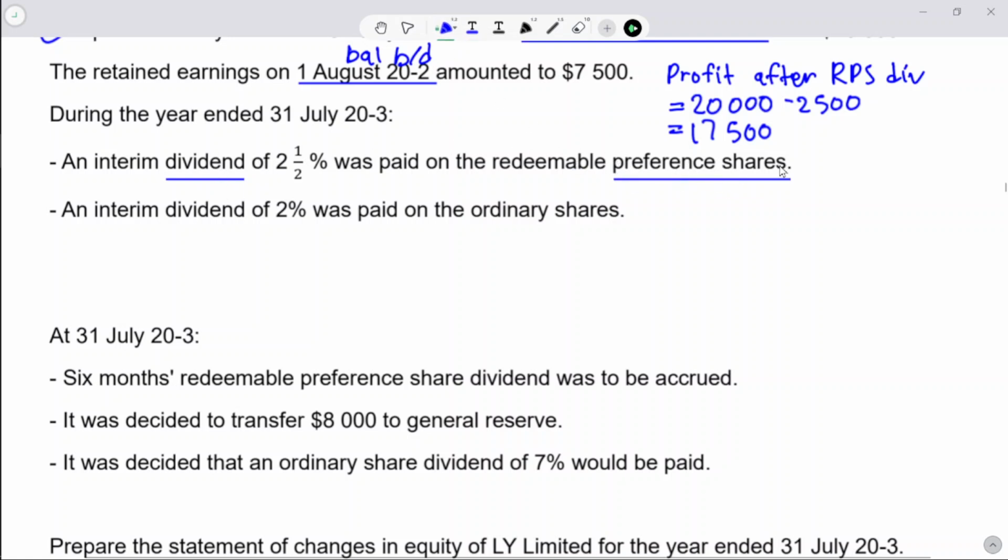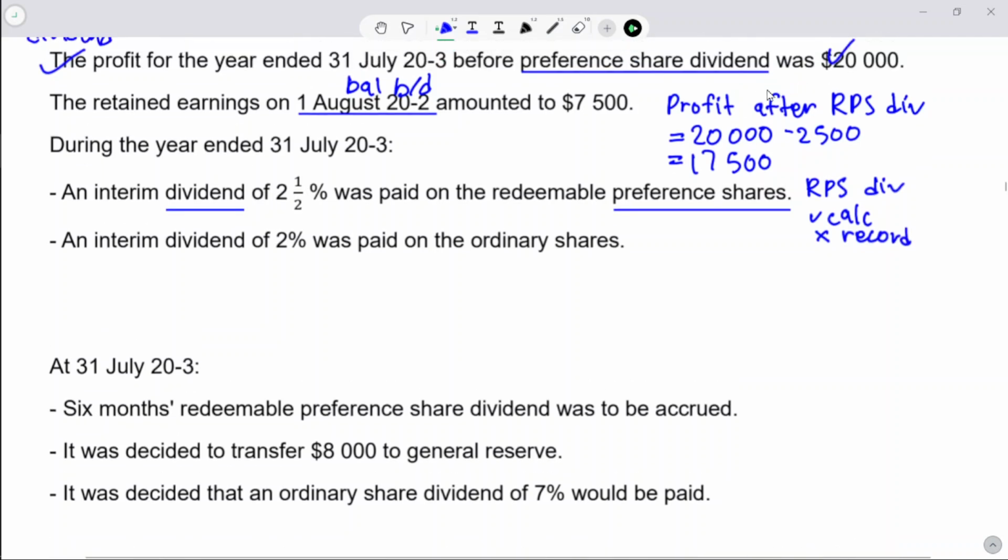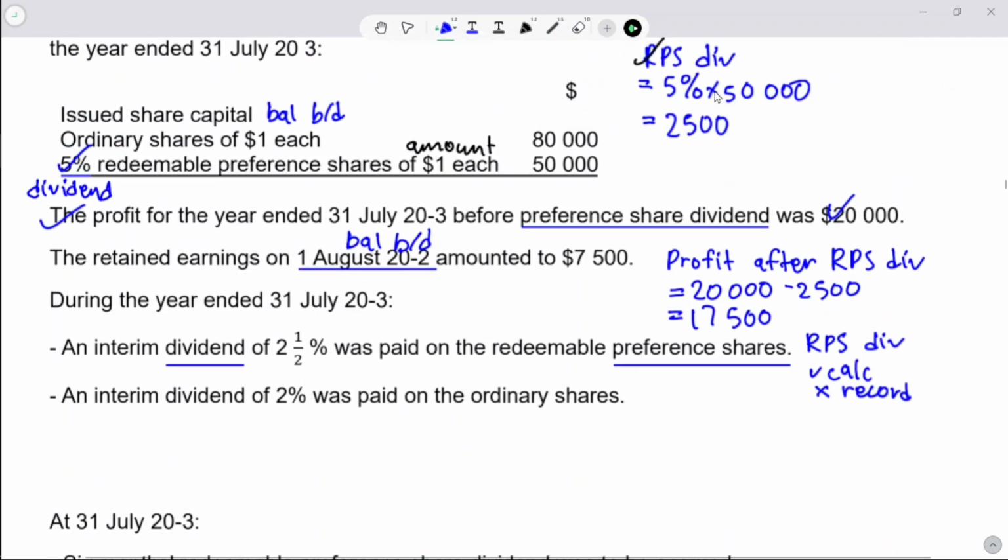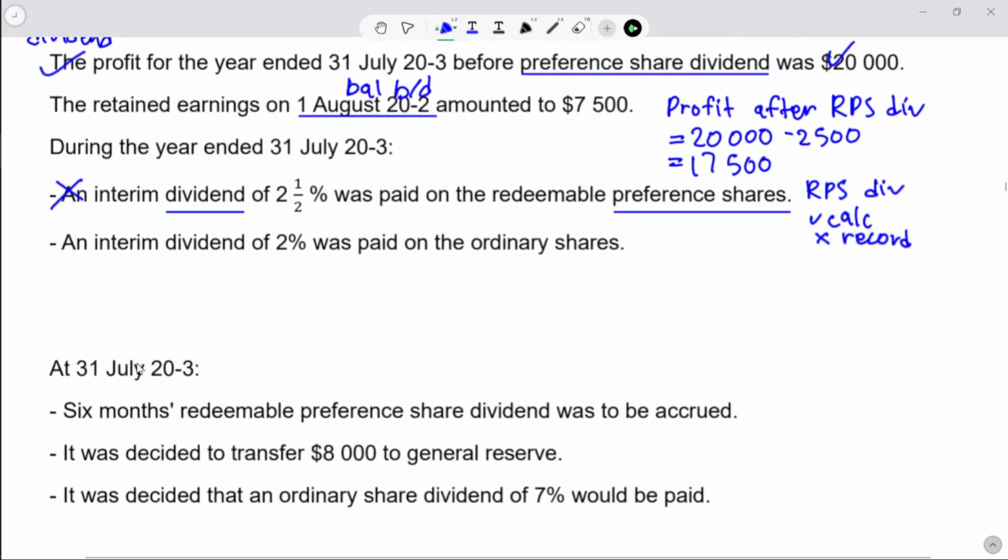For the RPS dividend, we calculate, we don't record. We calculated already this amount, so we don't record.